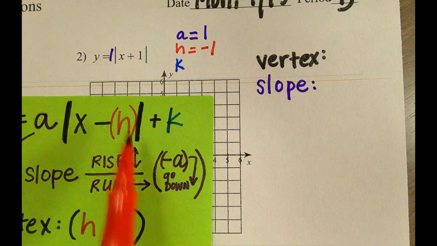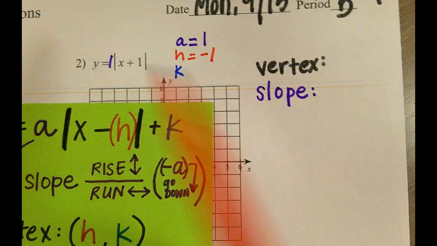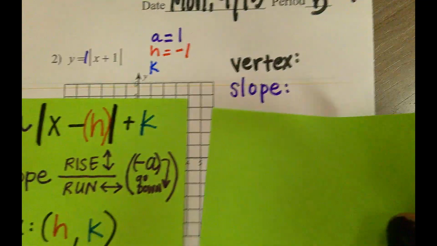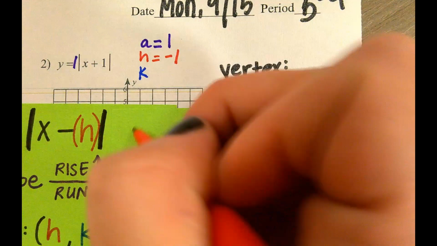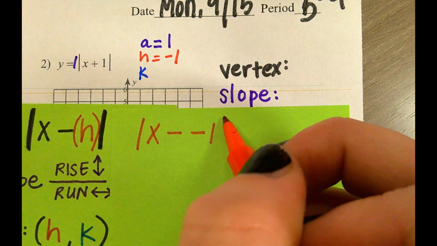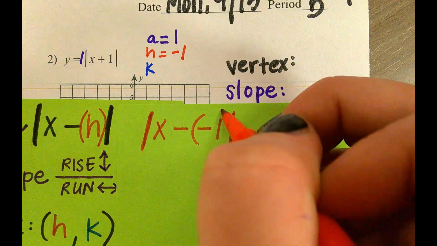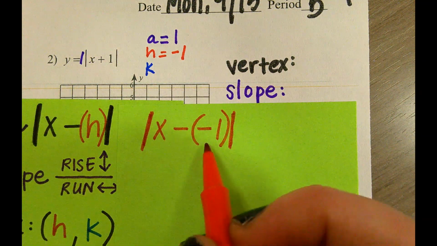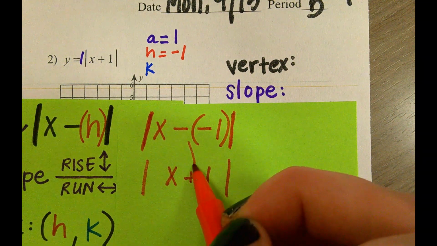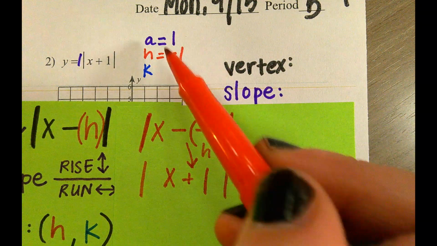To have a plus here, what's really happening is we have basically x minus negative 1. This is the only way that we would get a plus here. When you subtract a negative, you're adding. So h is negative 1.